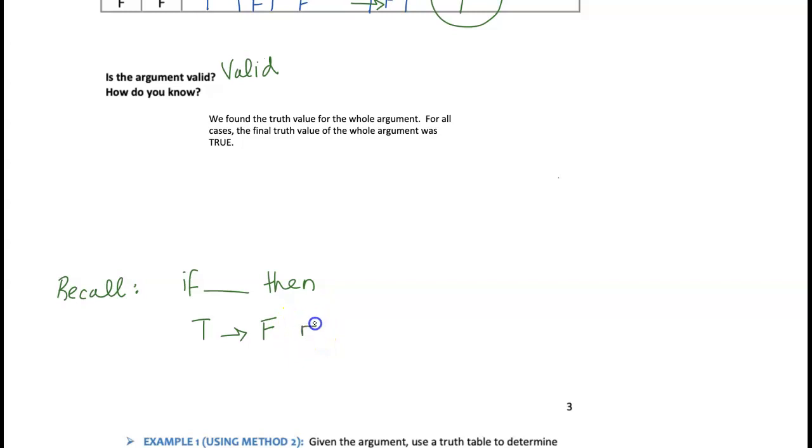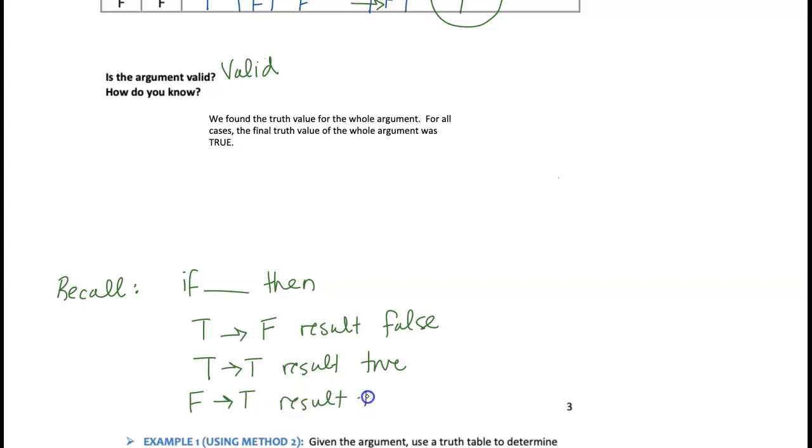In that case, the result is false. In all other cases, the result is true. And one last one, false implies false, also a true result.